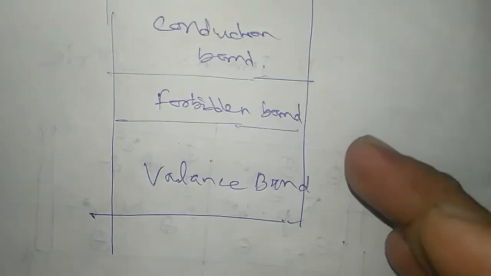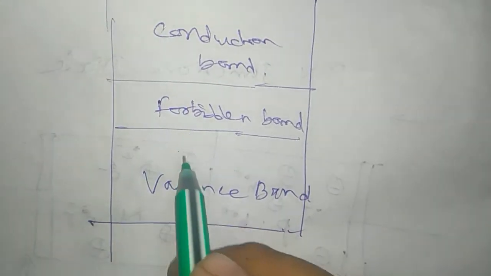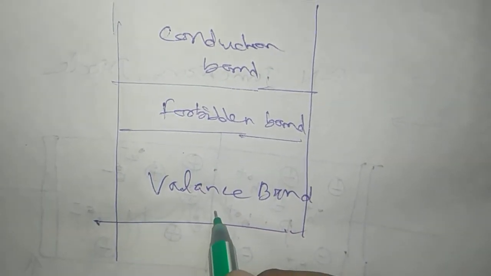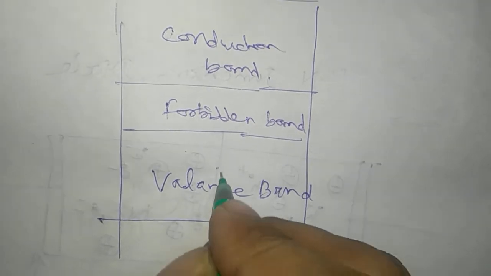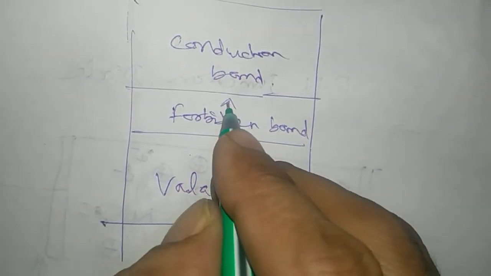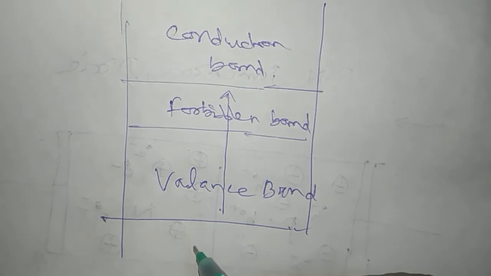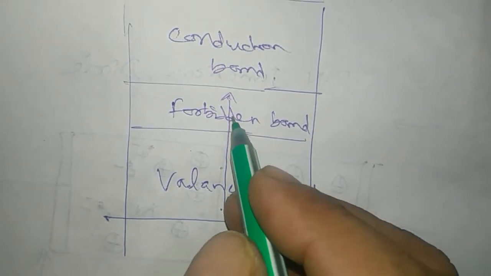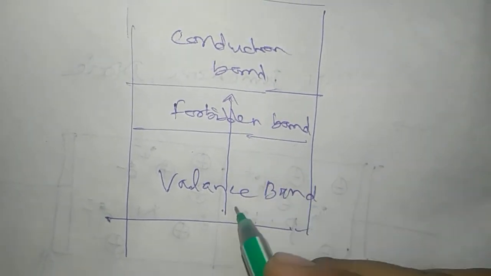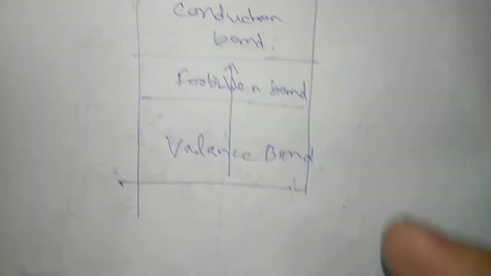When the energy is sufficient, the valence band electrons cross this forbidden gap and go into the conduction band, and if the energy is not sufficient, they remain in the valence band.